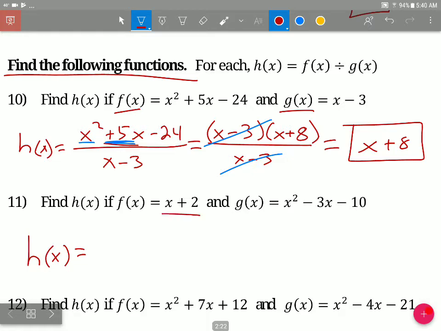In this case, f of x is x plus 2, and g of x, the one on bottom, because remember it's f divided by g, is x squared minus 3x minus 10. So the x plus 2 on top, there's nothing to do with it because there's no x squared. And the bottom, we'll put up parentheses.